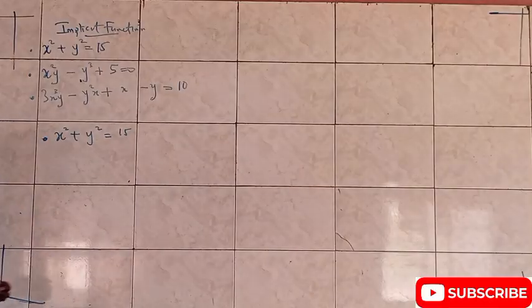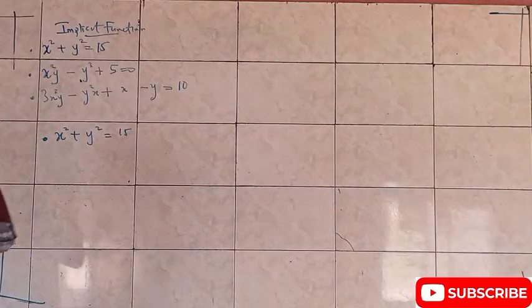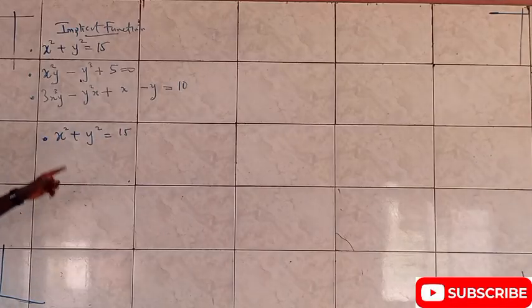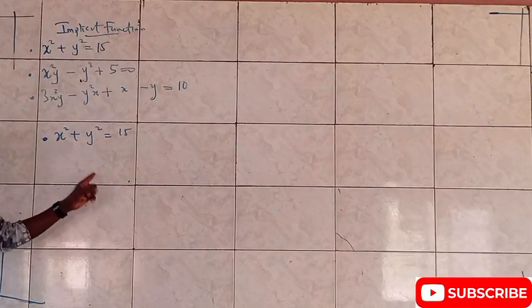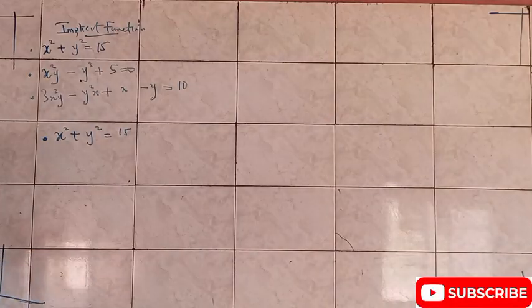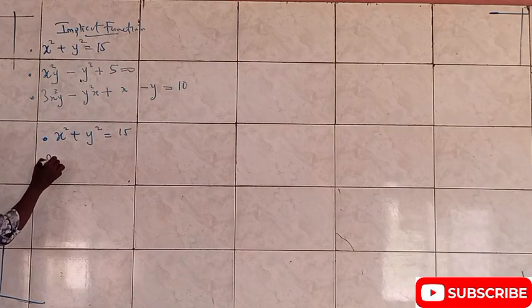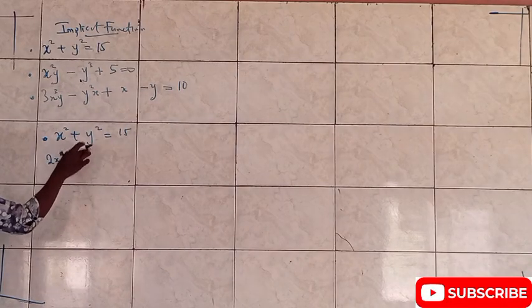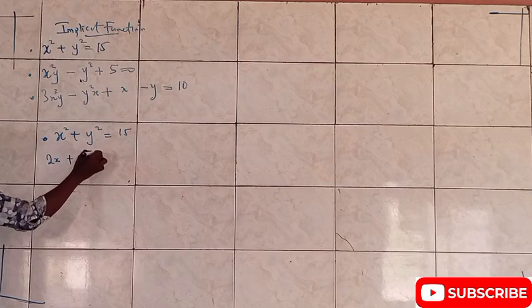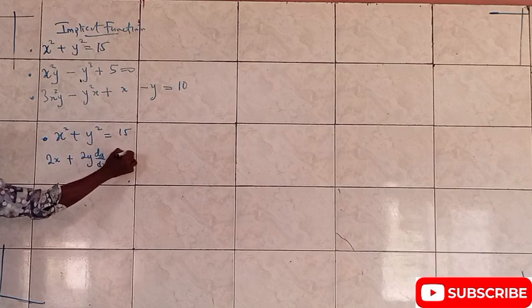It has a little technicality that is different from the one we have known initially, though the concept is still the same: whenever I differentiate the variable y, which I expect to be dependent, I'm going to put the dy/dx inside it. So when I differentiate x squared, what does it give me? 2x. When I differentiate y squared, what does it give me? 2y dy/dx. And the constant gives me 0.